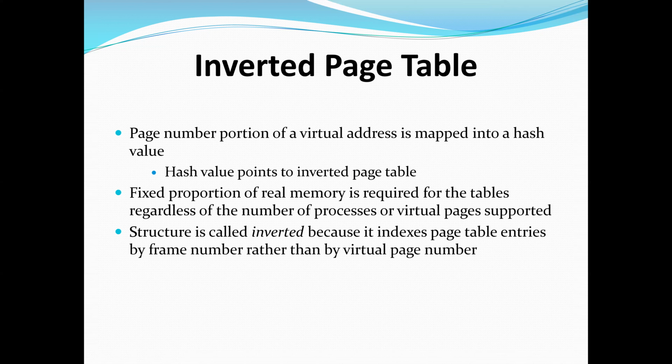So a fixed proportion of real memory is required for the tables regardless of the number of processes or virtual pages supported. Because more than one virtual address may map into the same hash table entry, a chaining technique is used for managing the overflow.